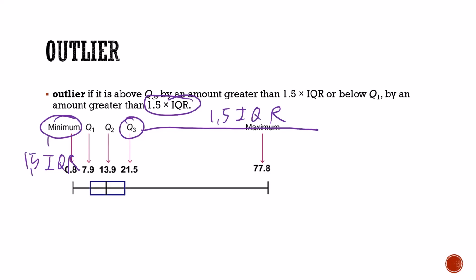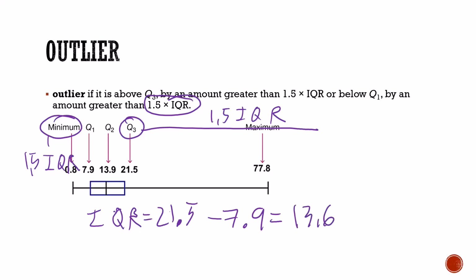So notice that the interquartile range is not directly given by your calculator, but you can easily find it, right? So for example, here IQR is 21 minus 7.9, and that's 13.6.